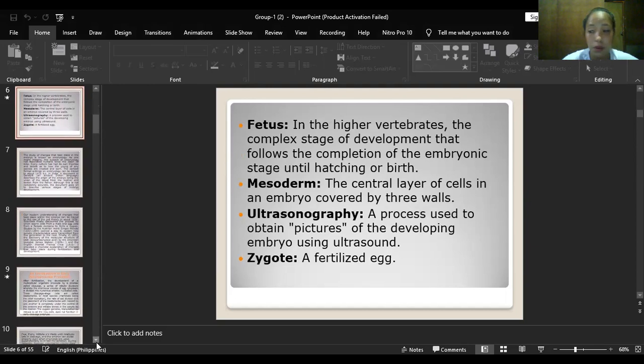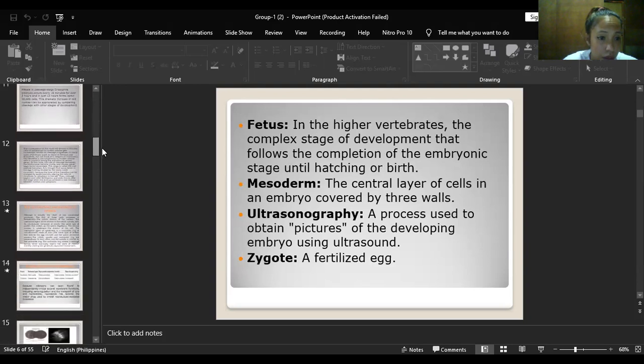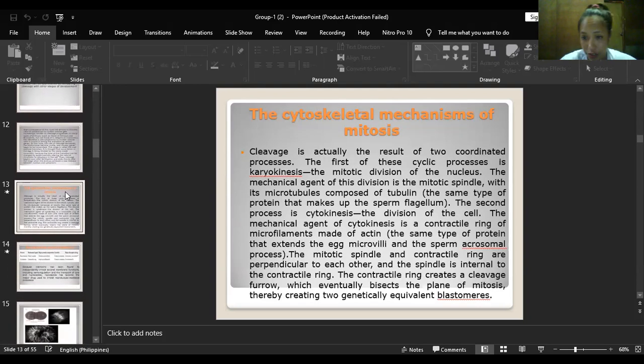We have to consider some different processes as well. The first one is what we call cleavage. Cleavage is actually the result of two coordinated processes.